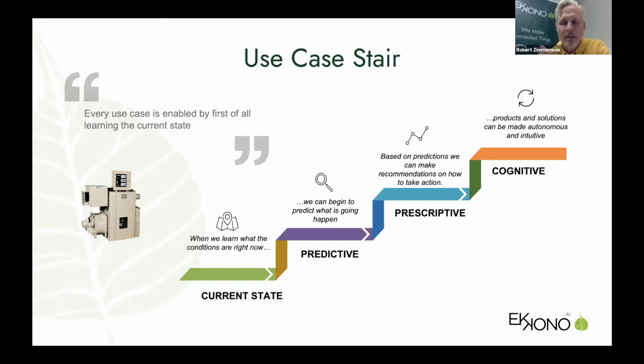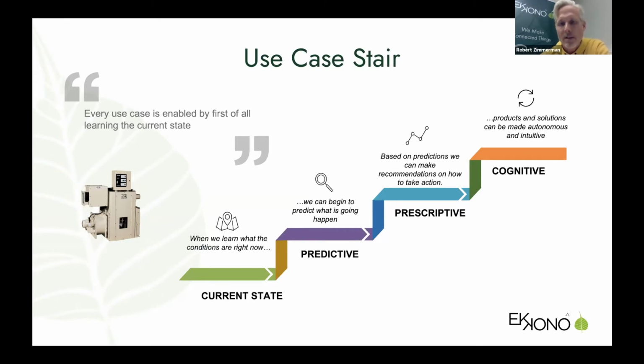When you look into the future, you get predictive, and that's the second level. When you use those predictions to take recommended actions, you get prescriptive, and the highest level is cognitive and fully autonomous. And all the steps benefit from the step beneath.